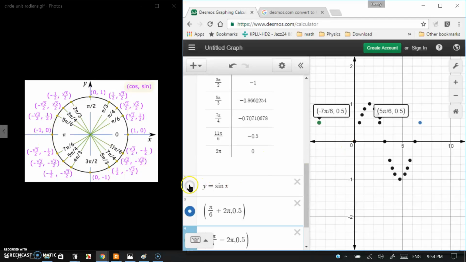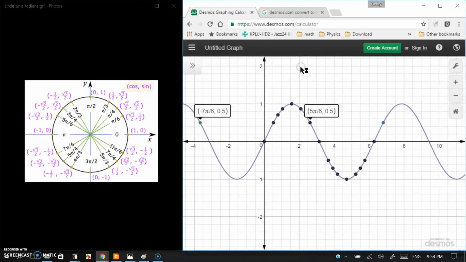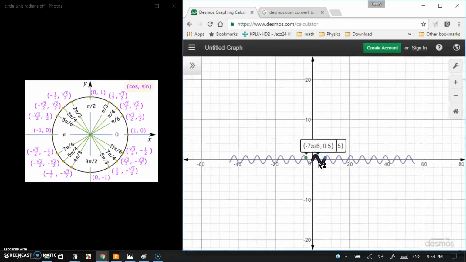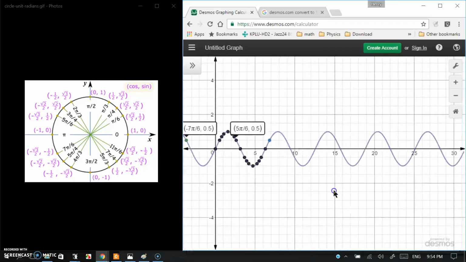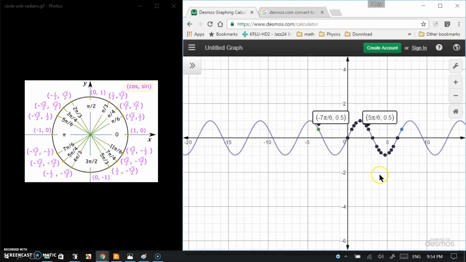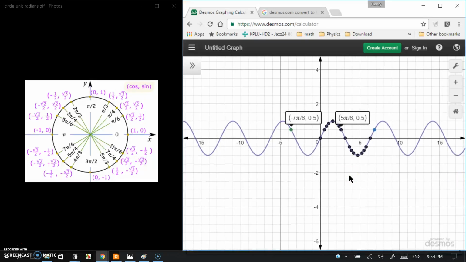That's why the sine graph looks like that, and it's just going to keep on going to the left and to the right. Okay. Now, please feel free to rewatch what I have been talking about in this video, right?